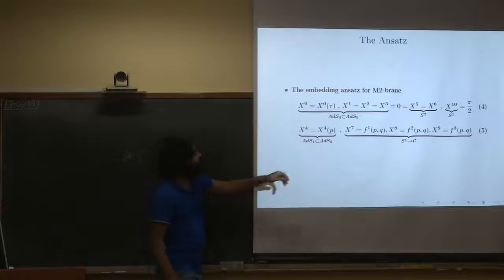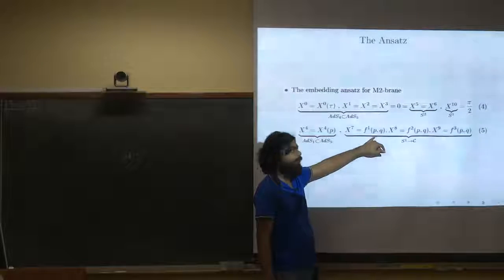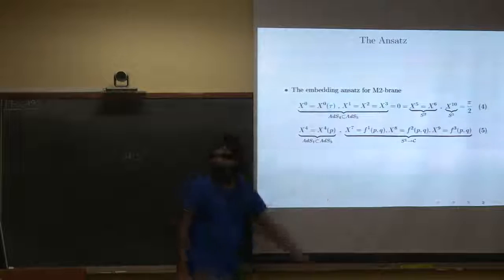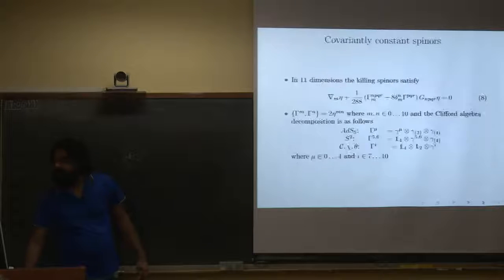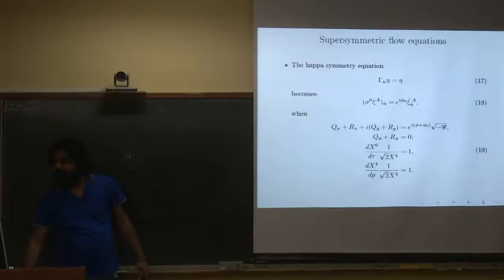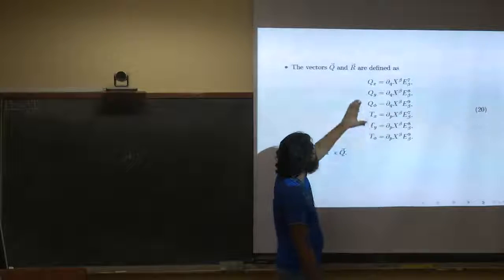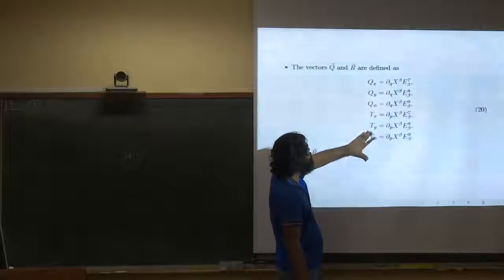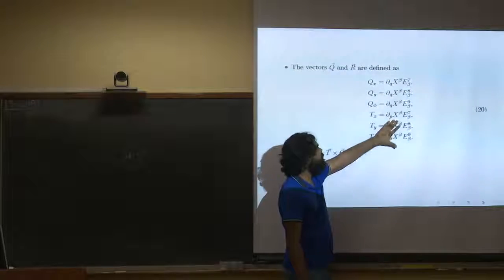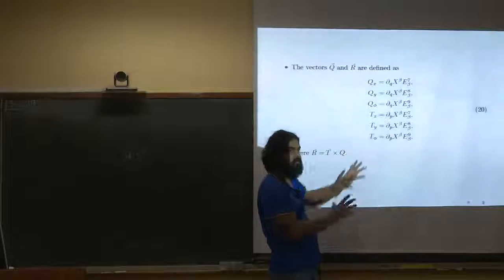And similarly, we can take the derivative with respect to P. That's going to give us a vector P, and then we can take a cross product. So this is the precise definition of Qx, Qy, Q phi, and Tx, Ty, T phi. The directional derivative with phi is included because we are working in a curved geometry.